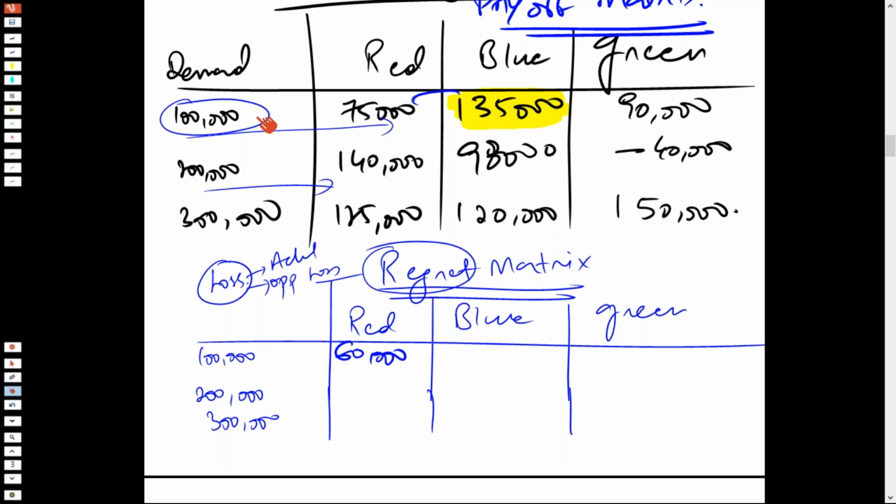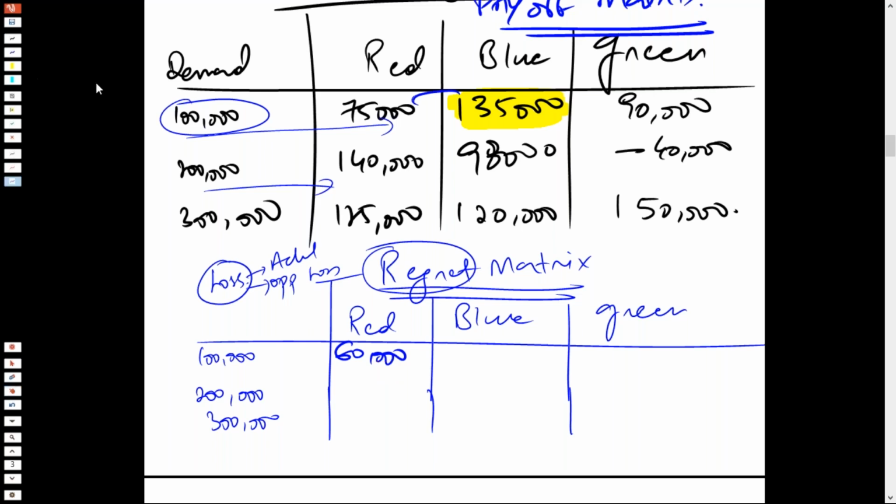But I chose red. Because of choosing red, I ended up earning only 75,000. It actually means I have a regret of 60,000.